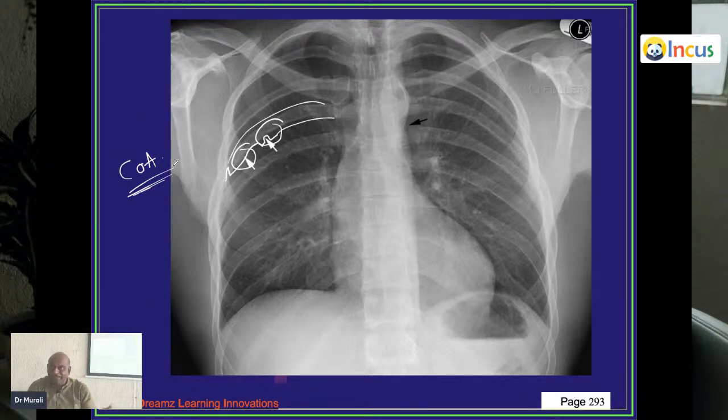Because of the collaterals that develop, that lead to the notching, intercostal vessels become collateralized whenever there is any constriction in the aorta for the flow, right? That leads to inferior rib notching. Where do you see superior rib notching?